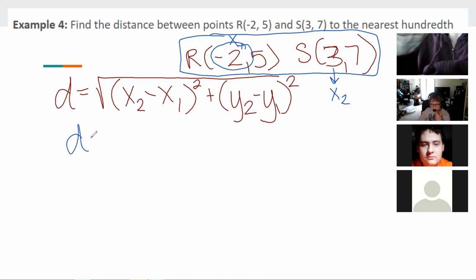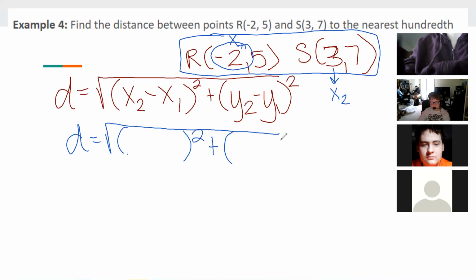So we'll enter those into our formula right away. This isn't the greatest formula. It's kind of clunky. So x2 minus x1, we're going to go 3 minus, notice how the minus is there. It's part of the formula. Now we plug in the -2. Very good. And what about y2?